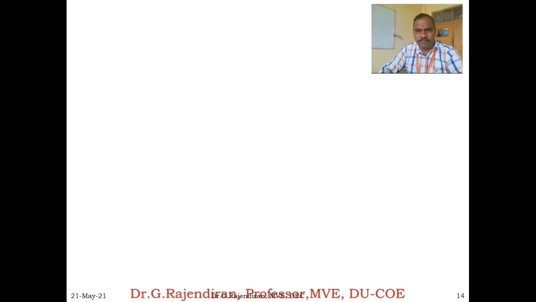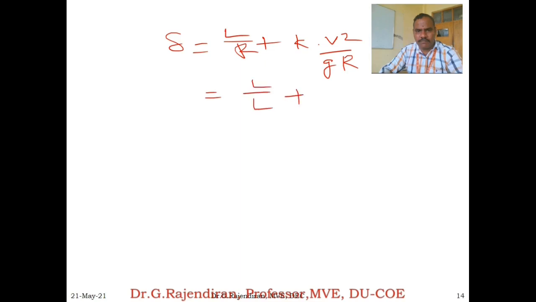Now, characteristic speed. Delta is equal to L by R plus K into V square by GR. So this is equal to L by R plus K into V square by GR, where the steer angle required to turn is 2L by R, as I told in the definition.